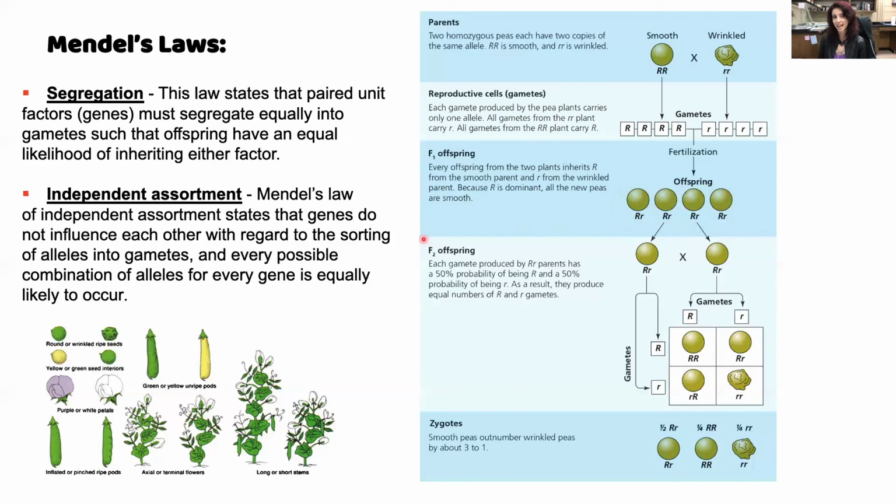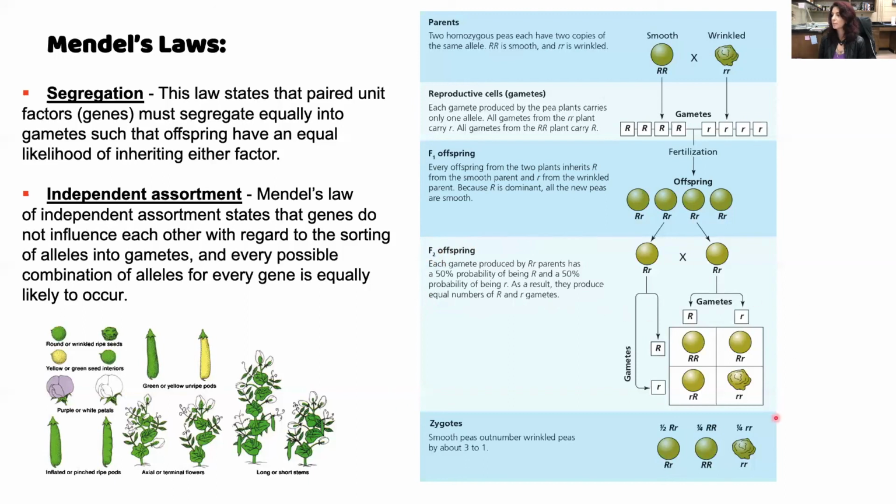This is where things get a little tricky and we have to do Punnett squares. In the F2 offspring, each gamete produced by the heterozygous parent has a 50% probability of being big R and a 50% probability of being little r. As a result, they produce equal numbers of big R and little r gametes.